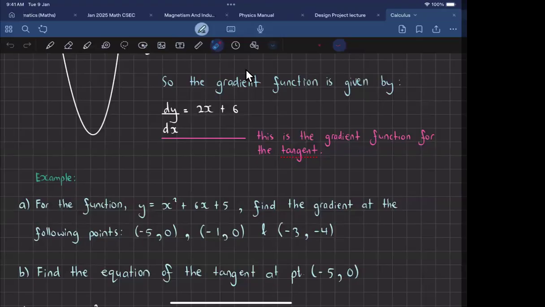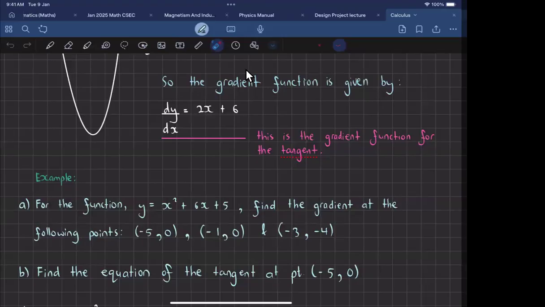X. Right. And in a curve, the gradient changes at all different points. So the gradient changes with respect to x. So at different values for x, will the gradients be the same or different? It'll be different. Right. So they give you different points, and each point has an x and a y value. Which value do you think you have to use, the x or the y value? The x value.